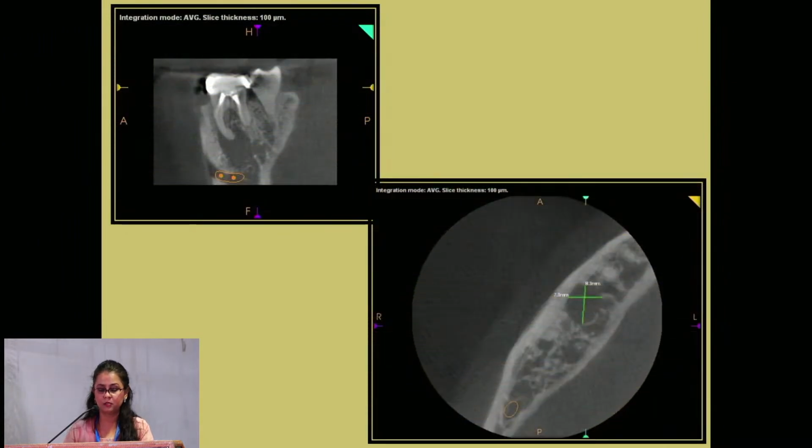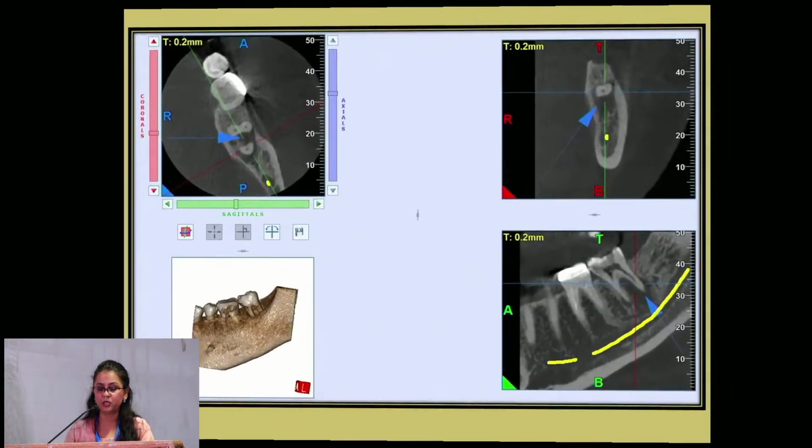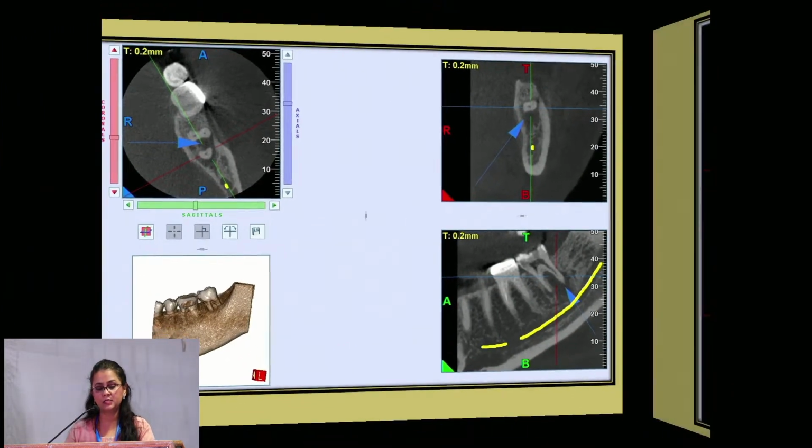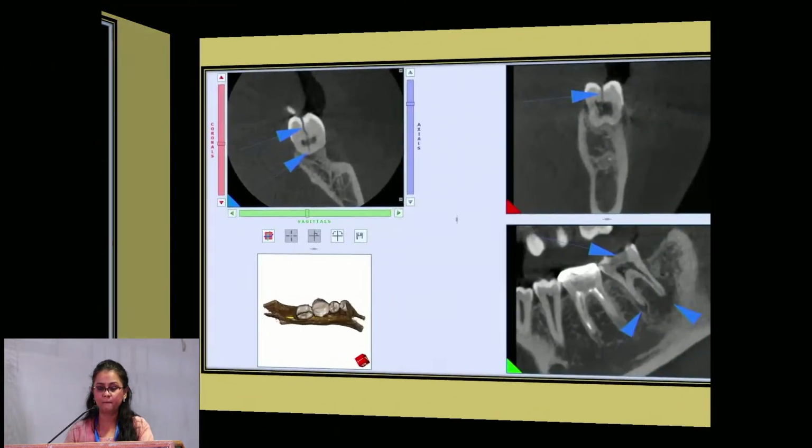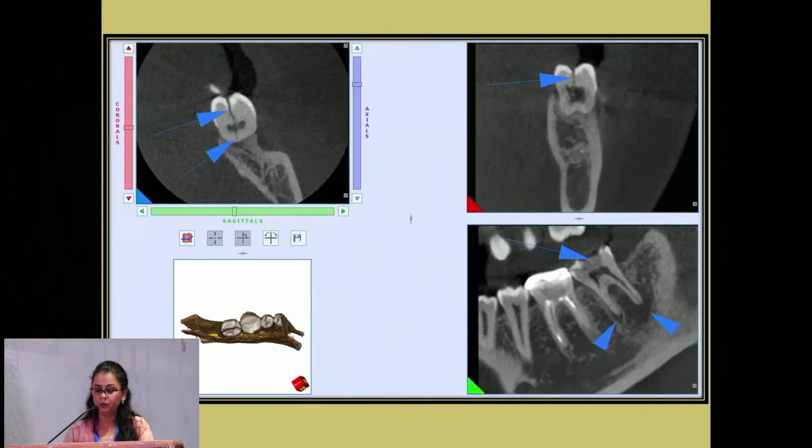So in various axial sections and all this, you can do the measurement, which I will tell you in the cystic lesions. Its relation to the inferior alveolar canal. Even the periapical infection could be because of the fractured tooth that you see here.